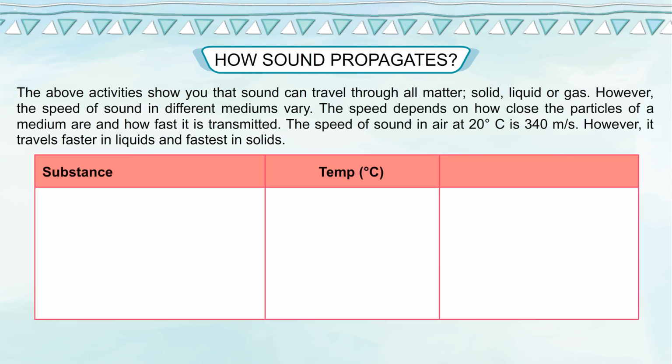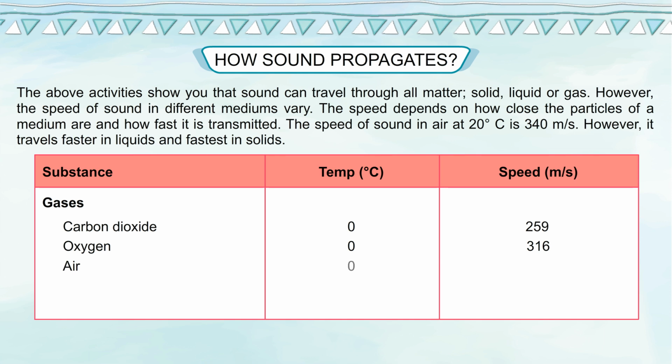Substance, temperature in degrees Celsius, speed in meters per second. Gases: carbon dioxide, 0, 259. Oxygen, 0, 316. Air, 0, 331. Air, 20, 343. Helium, 0, 965.